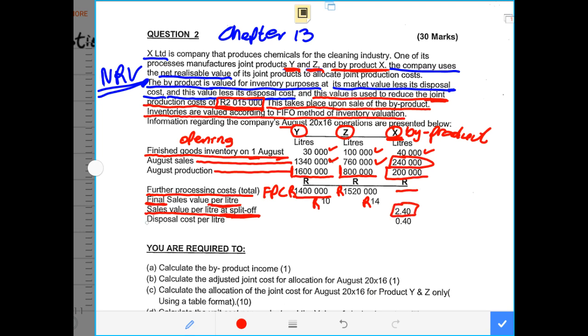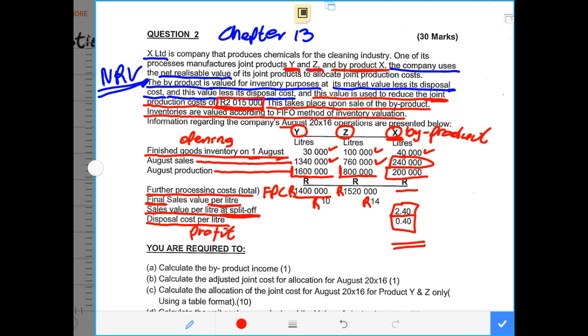And furthermore, there is a disposal cost per liter. That means for us to sell 1 liter of byproduct X, we have to incur the disposal cost or the selling cost of 40 cents. So the profit per unit of the byproduct will be 2 rand.